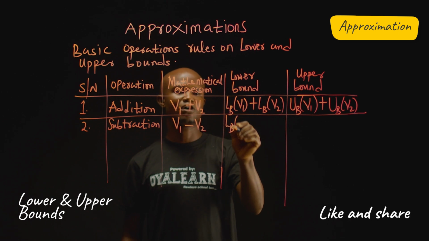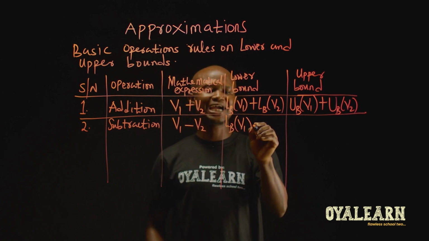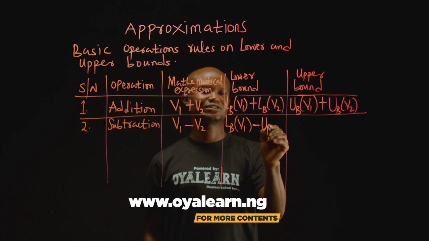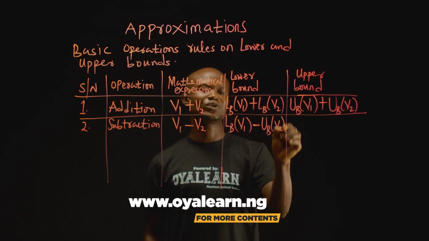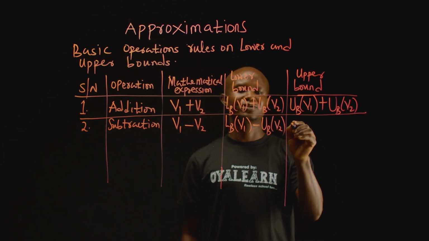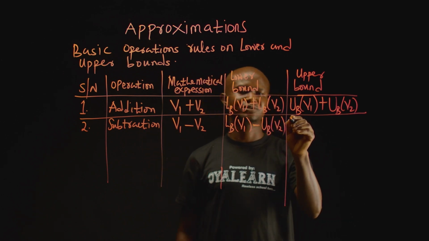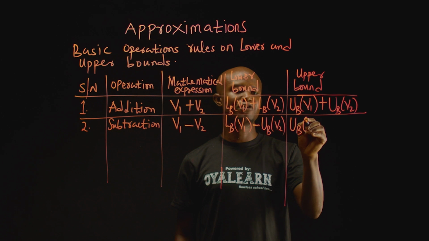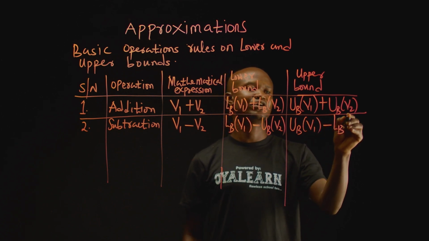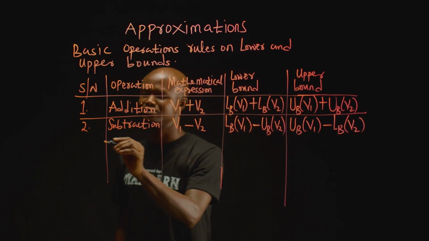Lower band of the first value, that is V1, then minus upper band of second value, which is V2. That is for subtraction. We also have for the upper band of subtraction, that is upper band of V1, then minus lower band of V2. That's for subtraction.